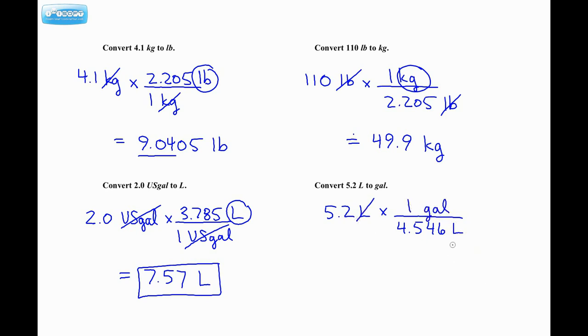So this time the liters cancel. I'm left with gallons, so I just get to divide. 5.2 divided by 4.546, and I get approximately 1.14 imperial gallons. And with that, we are done.